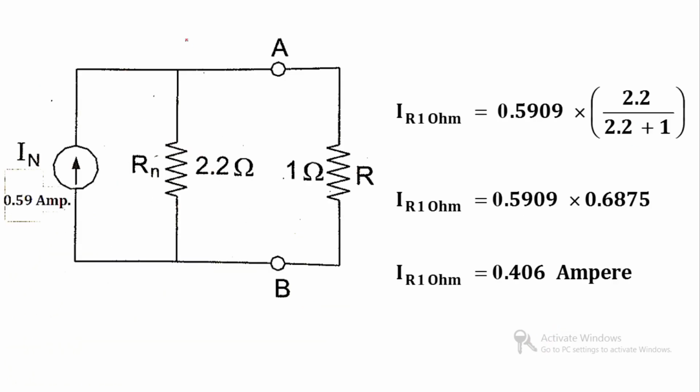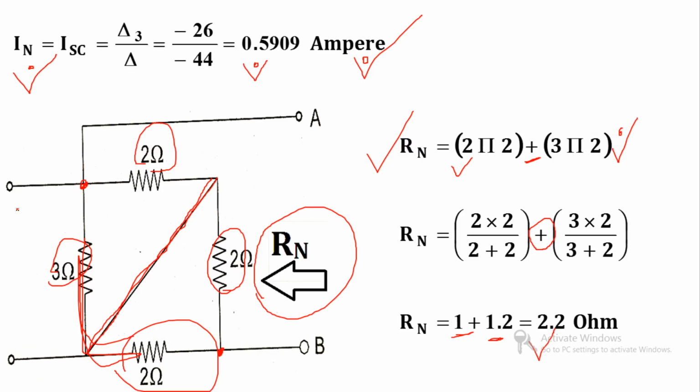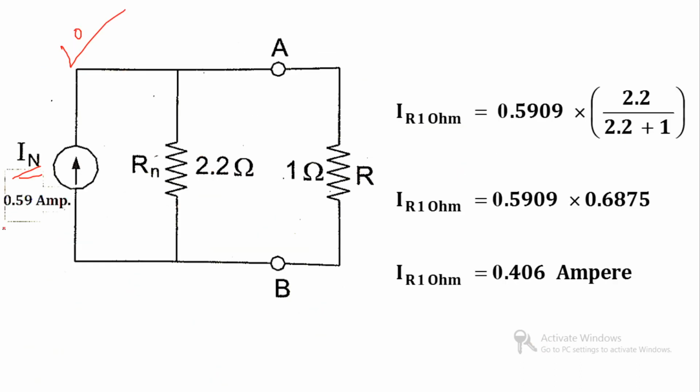Now, the final Norton's equivalent circuit will look like this. This is the Norton's current, which has a value of 0.5909 ampere. Clear?